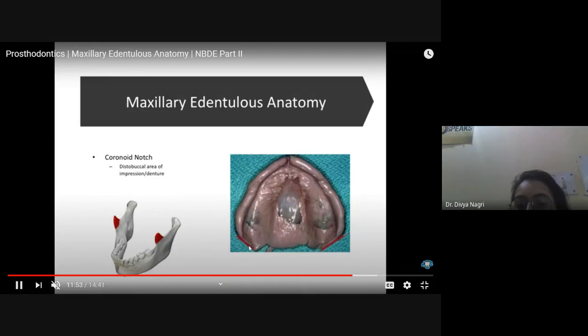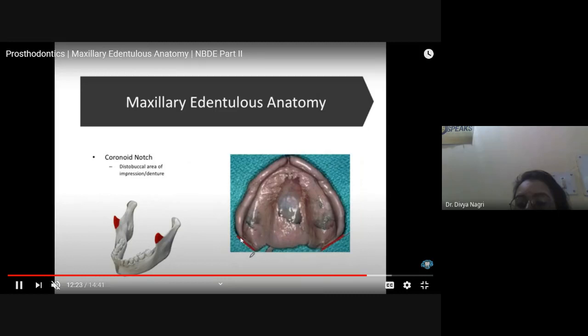When you close your mouth, the coronoid part of the mandible comes in contact with this part. That is why it is known as the distobuccal area of the impression. Distobuccal: it is present on the buccal side and at the back. So this is the distobuccal area of the maxillary denture, a very important area.